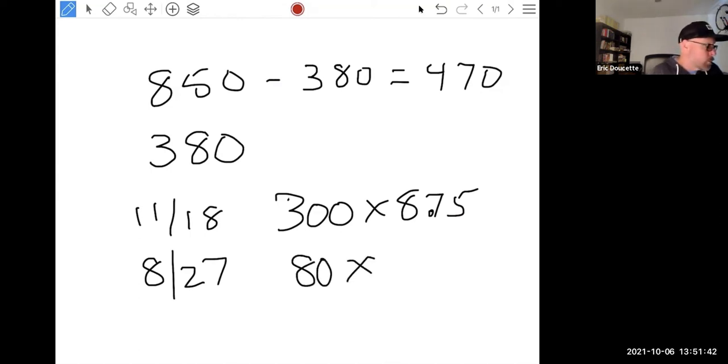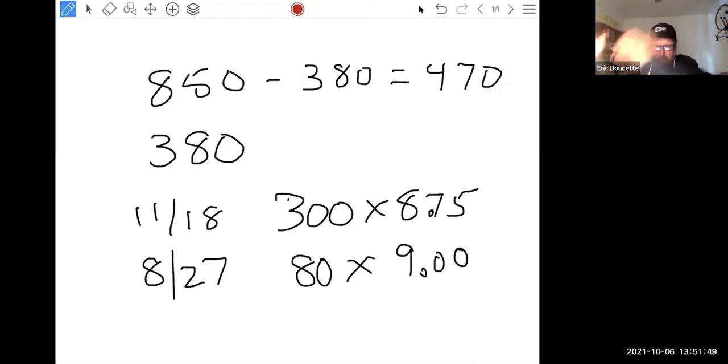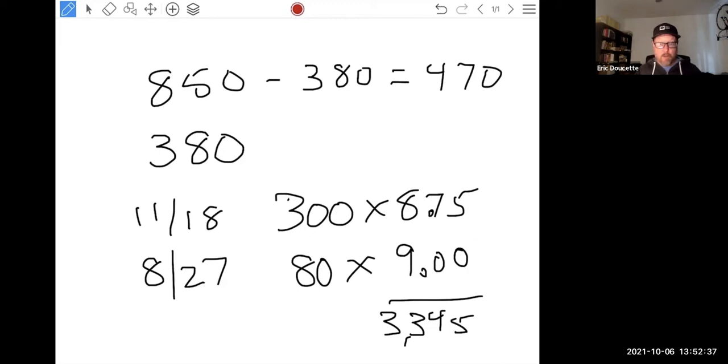Those cost me $9 each. Everything prior to that I sold, because those are the first ones I put in. So all I have is what's left. If there's 380 left, they're going to be the last ones I put in, right? So I'm going to multiply those two up. So my total is $3,345.